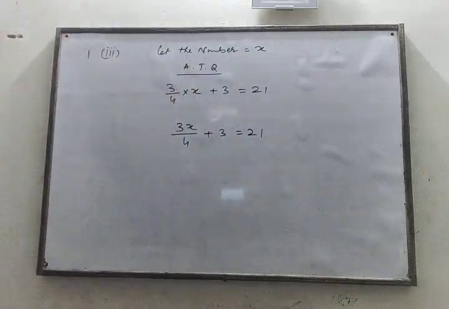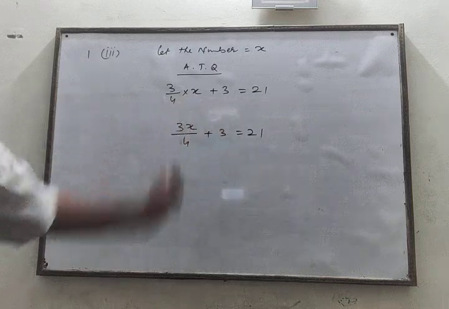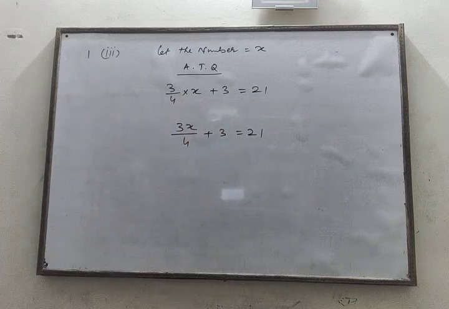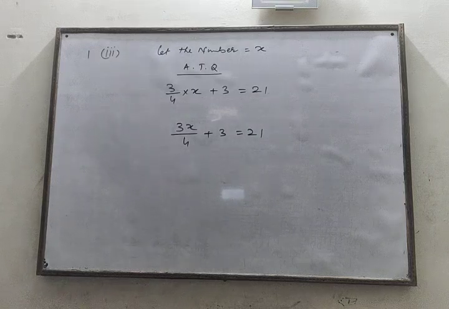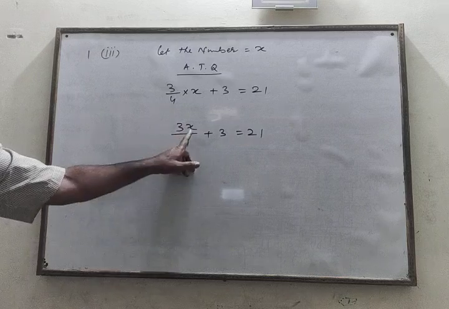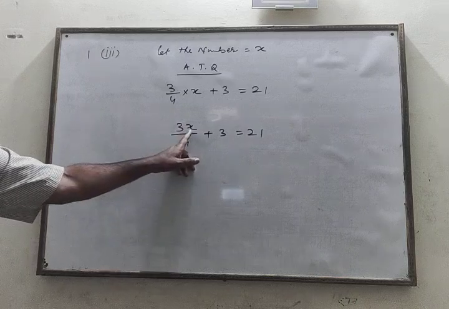Up to this we have learned earlier how to make this equation. Now it is also written, solve the equation. Solving the equation means finding the value of this x.